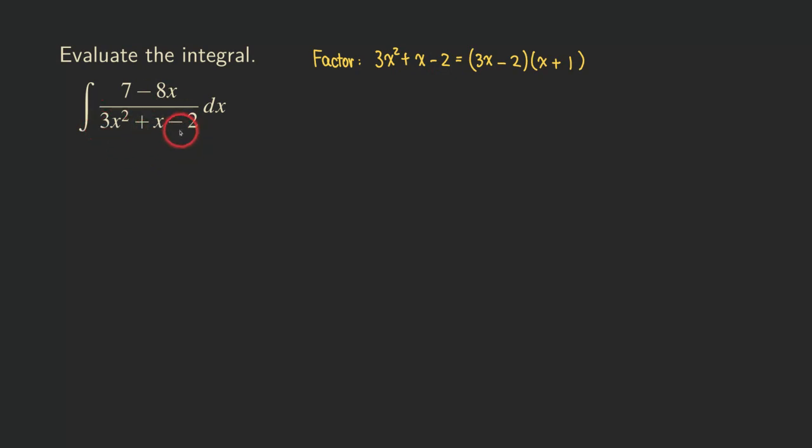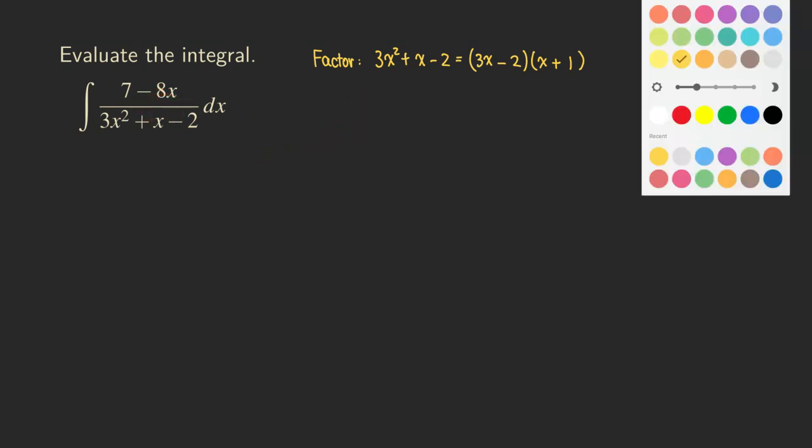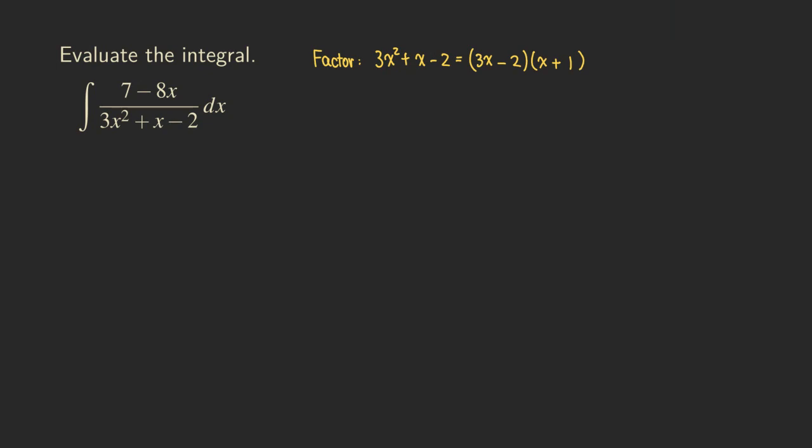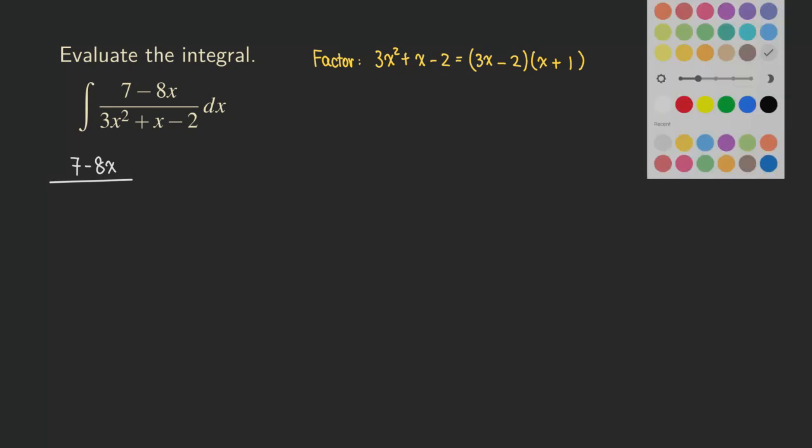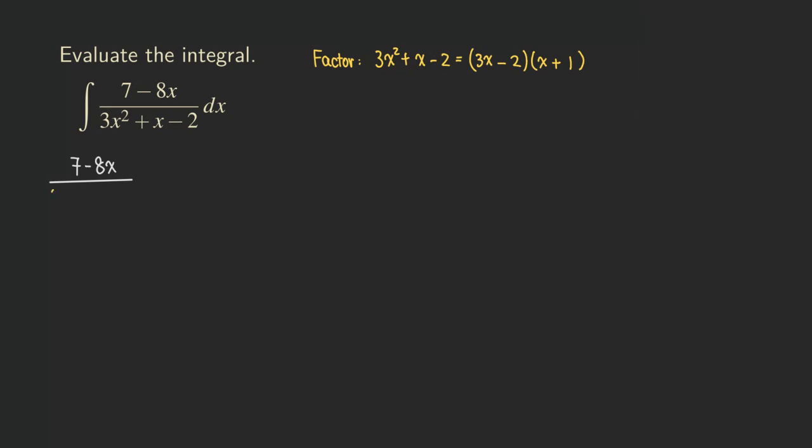Now we can start decomposing this rational function into the sum of two partial fractions. So we are going to start by writing down the 7 minus 8x right here. And then the denominator would be what we have from our factorization, which is 3x minus 2 and x plus 1.